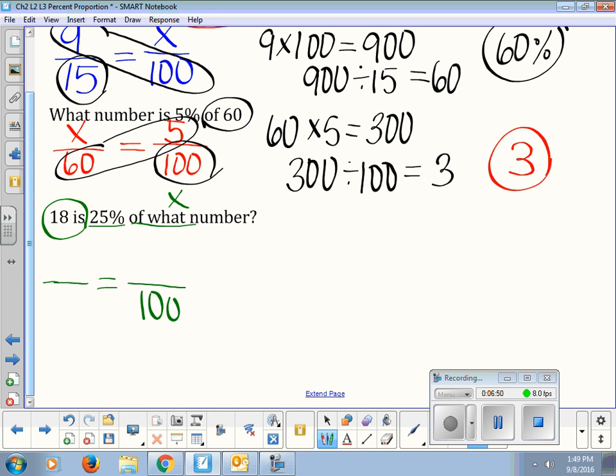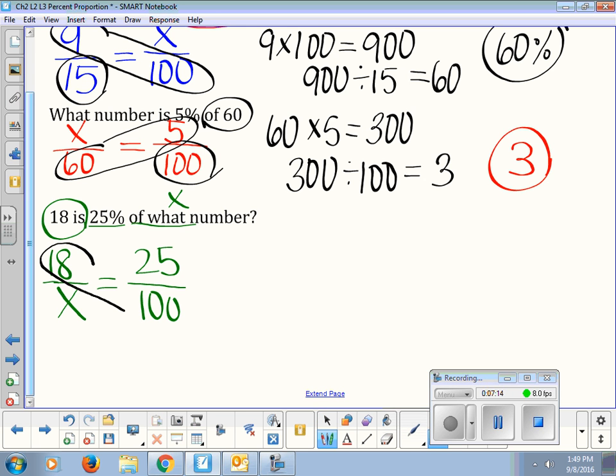So we're going to write 25 over 100. Is 18 our part or our whole? Does it go in the numerator or the denominator? Numerator, it's is over of, 18 is with is. Do we know of what number? No. So what do we fill in there? X. And now we have a proportion that we can solve.